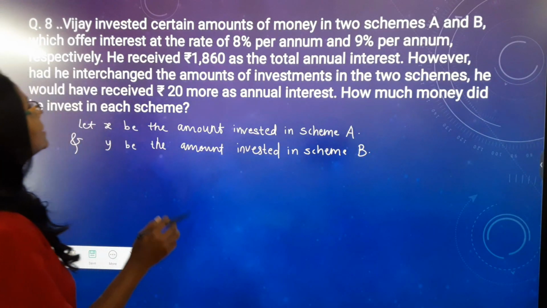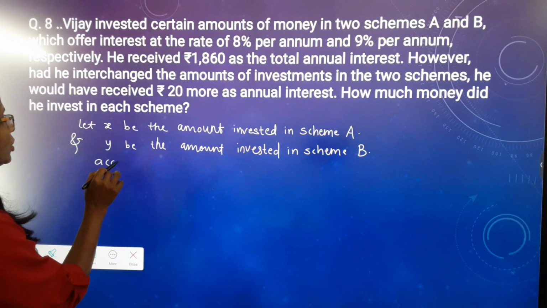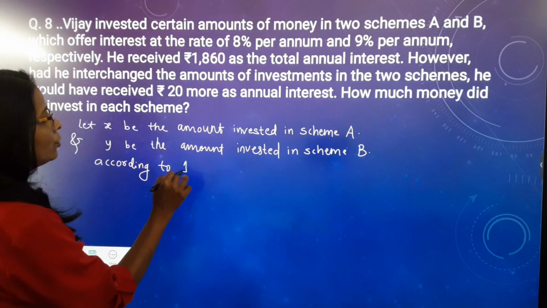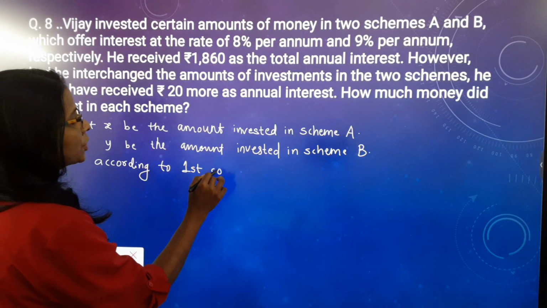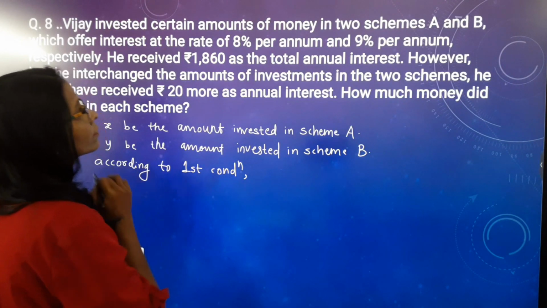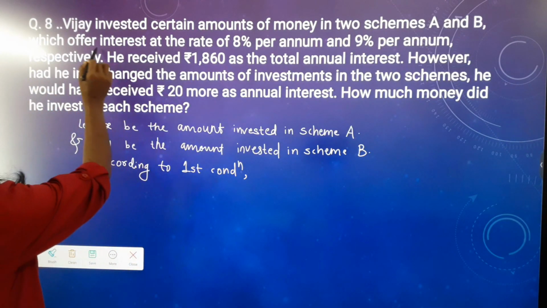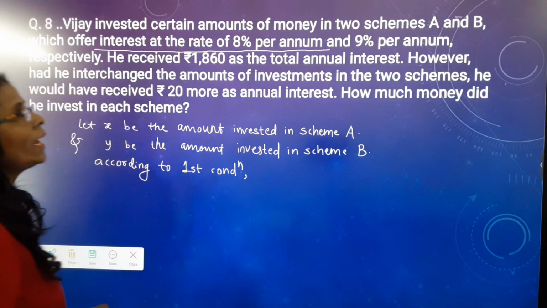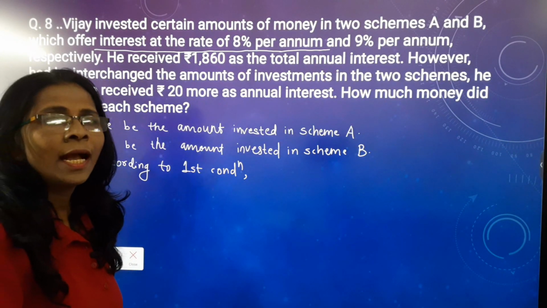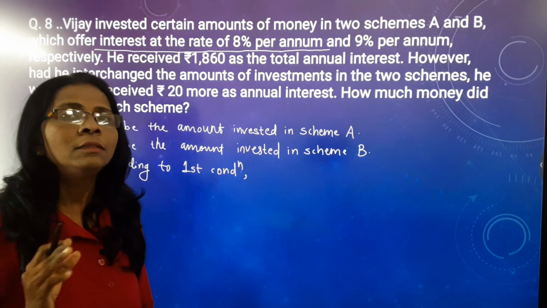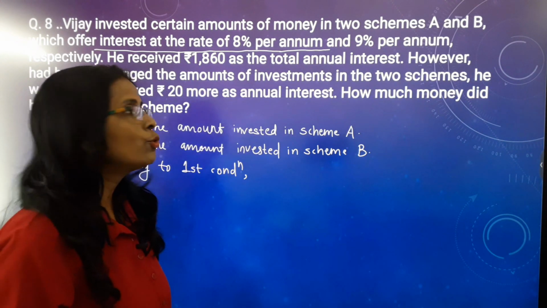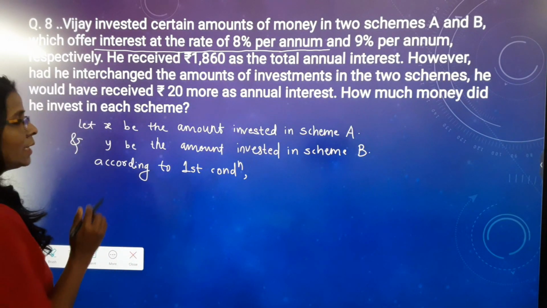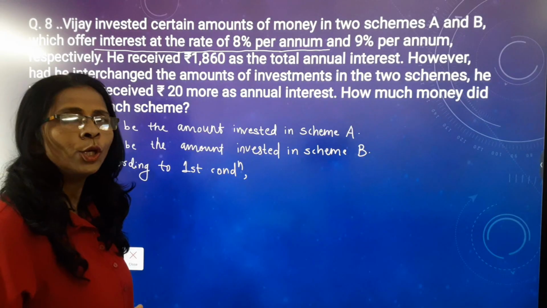So here, students, according to the first condition, interest at the rate of 8% per annum. The rate is 8% and per annum means the time is 1 year, so it is simple interest. The formula for simple interest is PNR upon 100, you know that.